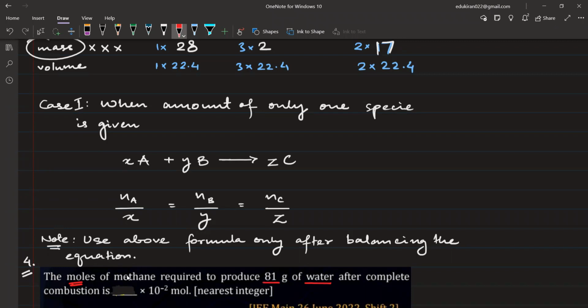You have been given the amount of only one species. Okay? Write this question. इसको discuss करेंगे. फिर अगला सवाल आप लोग कीजिएगा.